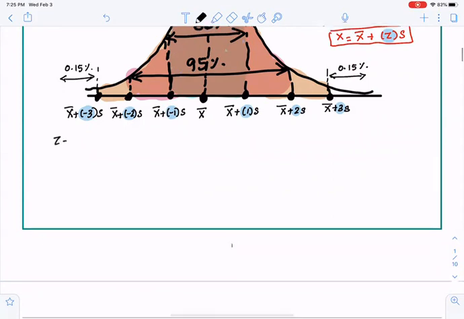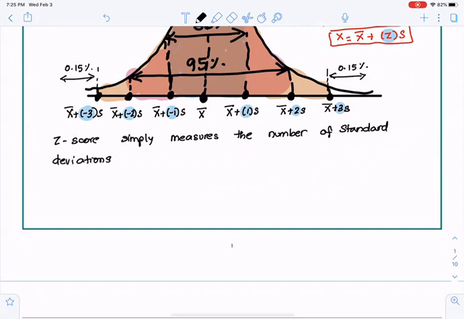So the z-score simply measures the number of standard deviations of an observation, otherwise a data point, from the mean.